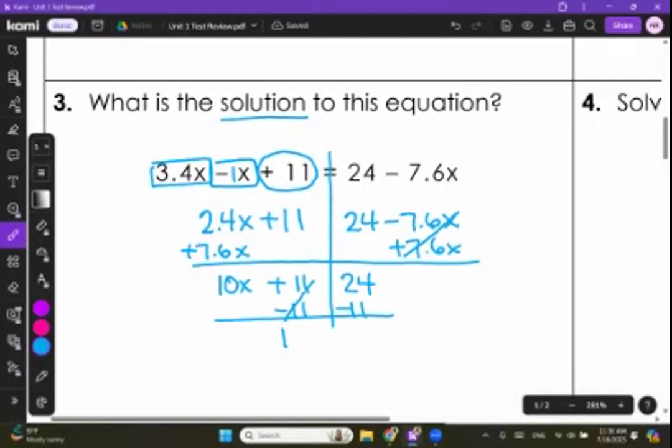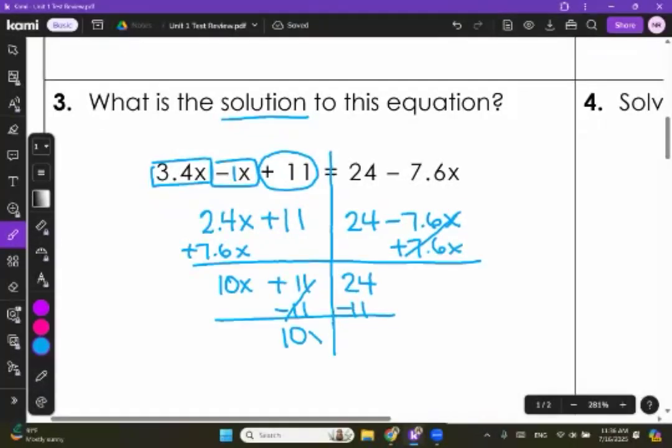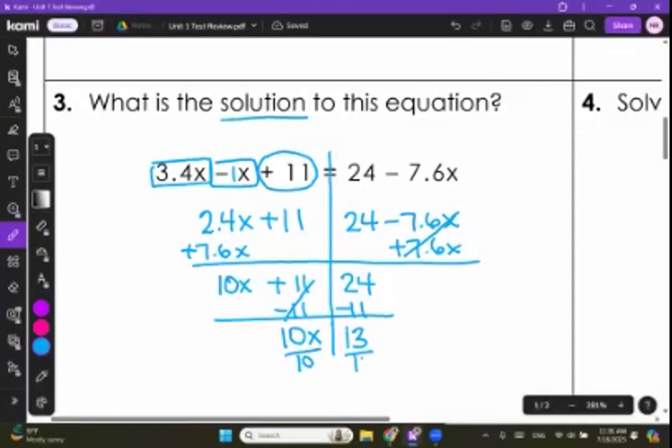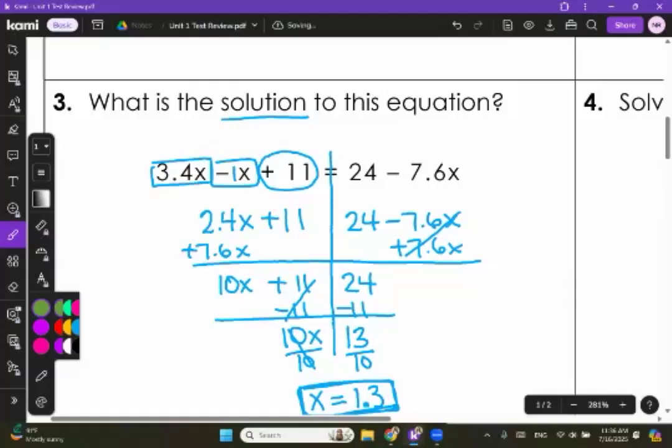Plus changes to minus. 24 minus 11 is 13. We divide by 10, and you get x equals 1.3. Yes, it's okay to get a decimal answer. Not everything is rainbows and sunshines. Not everything is going to give you a whole number answer.